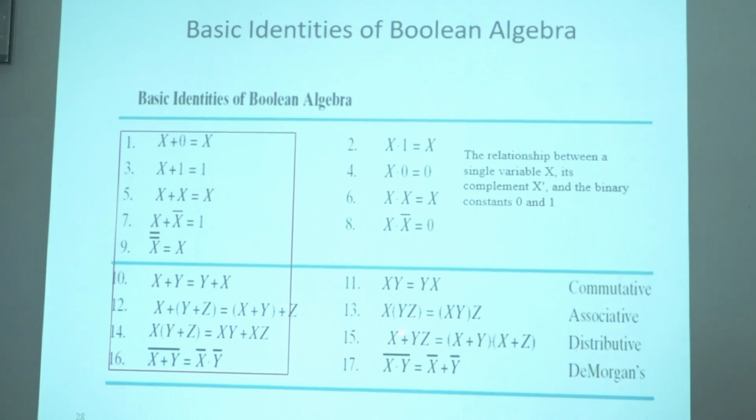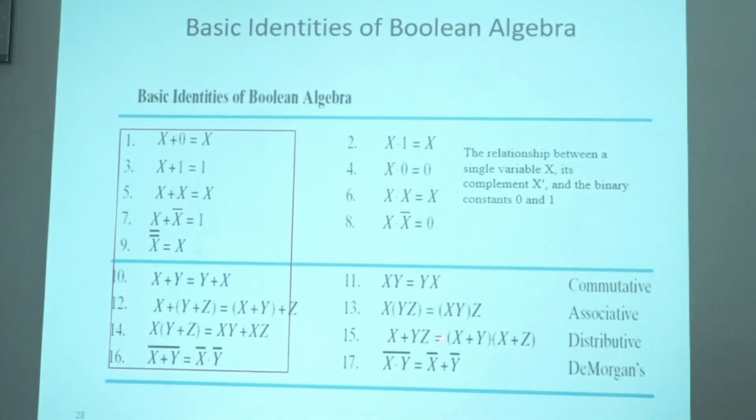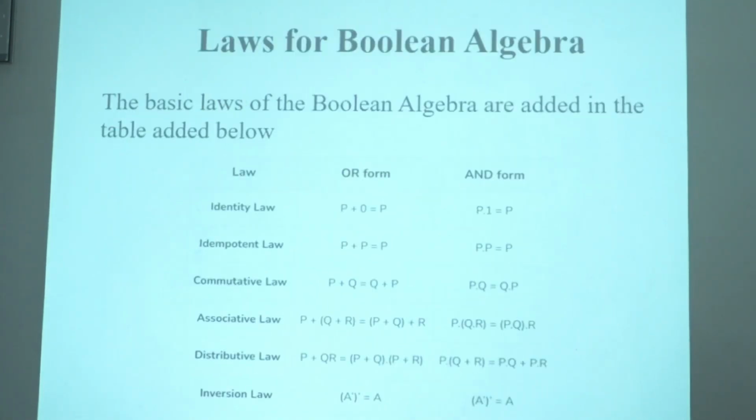Similarly, we have this multiplication, and similarly x of y plus z is equal to xy plus xz. Similarly, we have this operation, and then we have De Morgan's law, which I will explain in brief later. So when you are dealing with one variable with constants 0 and 1 and the same variable, these are basic identities. When you are dealing with multiple variables, we will be associated with some Boolean algebraic laws.